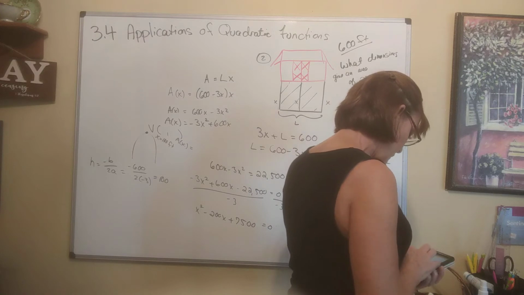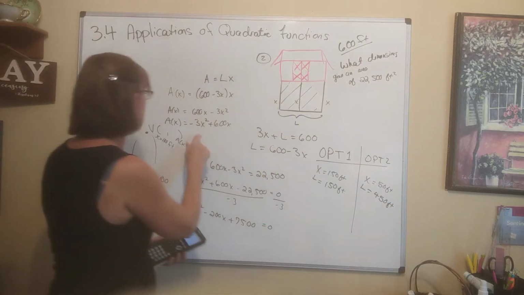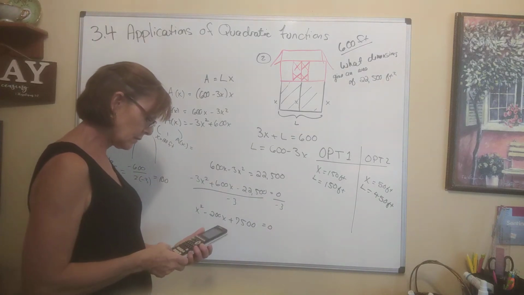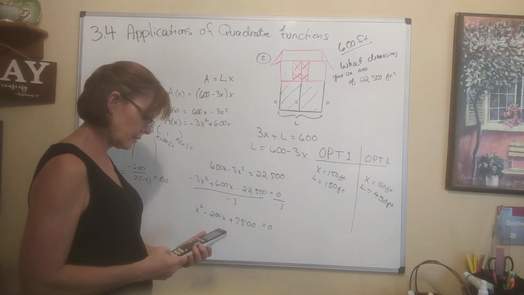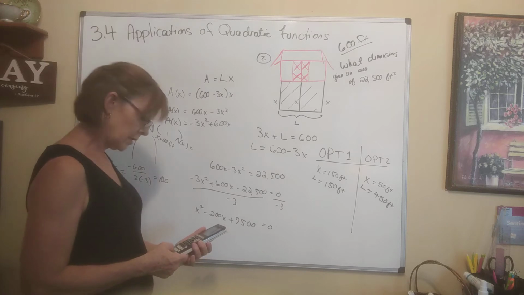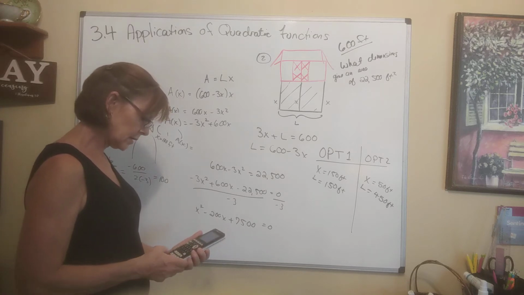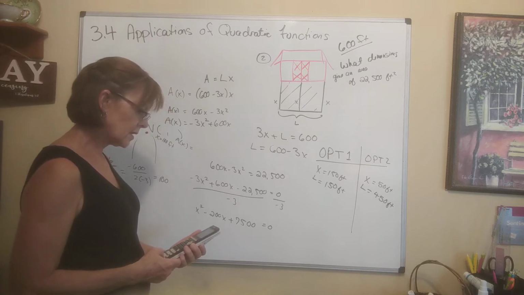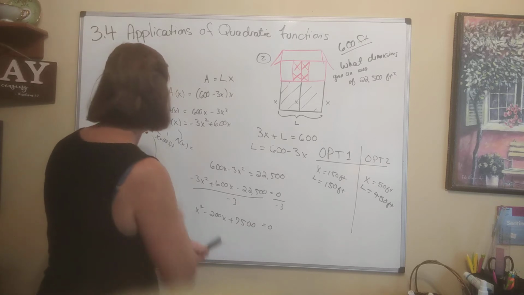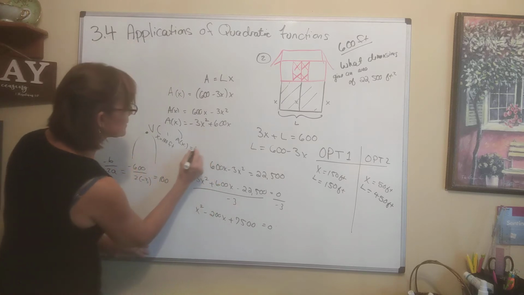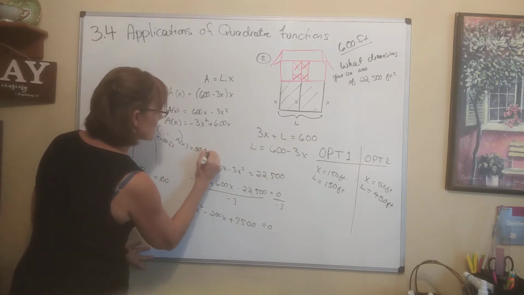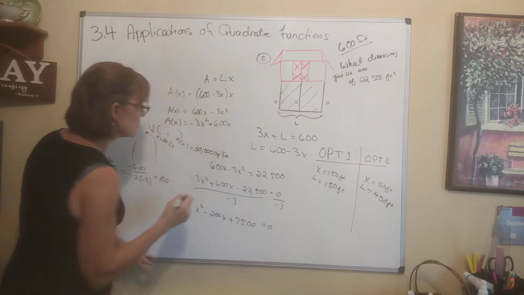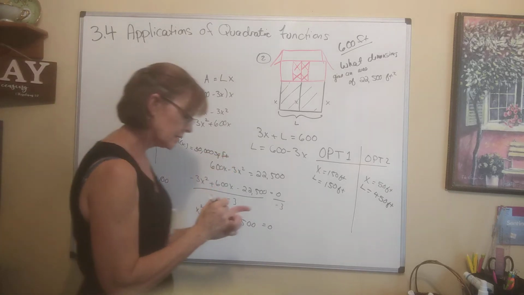My maximum area is going to be, let me plug it in and see. When I put in 100 there, negative 3 times 100 squared plus 600 times 100 gives me 30,000. So 30,000 is the max. Is the maximum square foot that we could get.